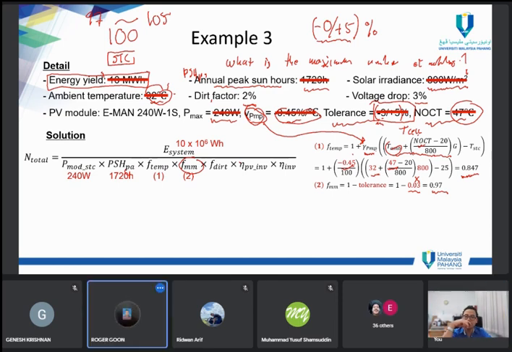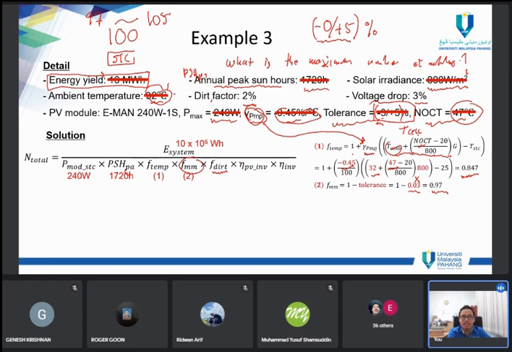What is the value for F dead for this case? 0.02 is the dead factor.